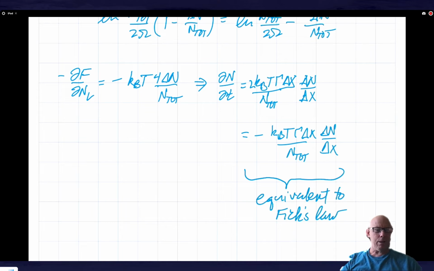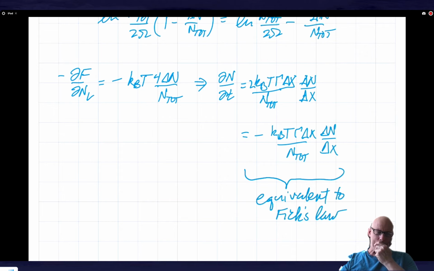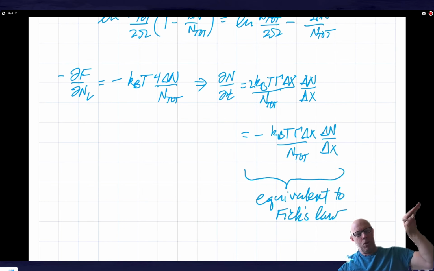It's linear in the gradient, meaning this thing. So this thing is the gradient. And then there's a transport coefficient, which has got all this stuff in it. It's got k_B T, it's got gamma, delta x, and N_tot. It doesn't matter because it's just a bunch of numbers. So the reality is that the drive is proportional to the gradient, the slope.